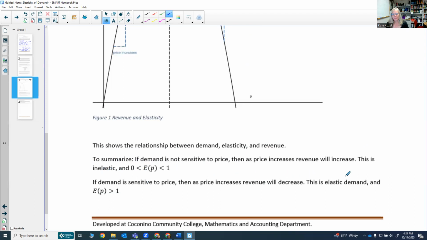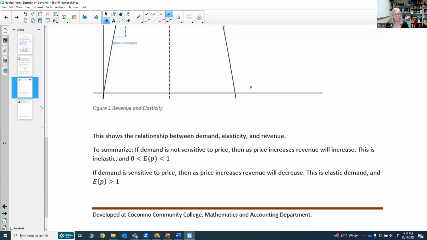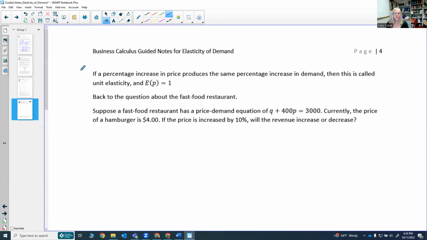This is elastic demand, and E of P will be greater than 1. Now, if the percentage increase in price produces the same percentage change in demand, this is called unit elasticity, and E of P is equal to 1.